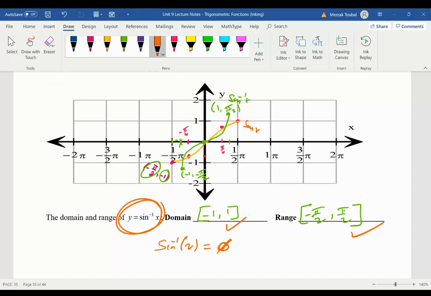So therefore, this has no value. Just want to make sure that when we take the sine inverse of some value, or cosine inverse, or a tangent inverse, we want to make sure that the requirements are met in regards to the domain, the input. The sine and cosine would have a domain negative 1 to 1. The tangent is negative to positive infinity, so that wouldn't be a problem. But sine and cosine, definitely the domain would be negative 1 to 1.